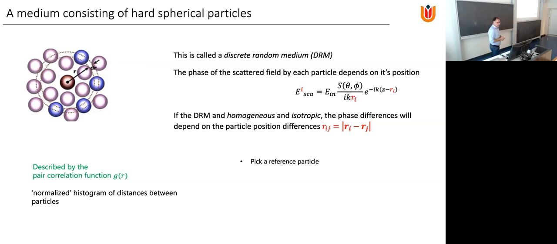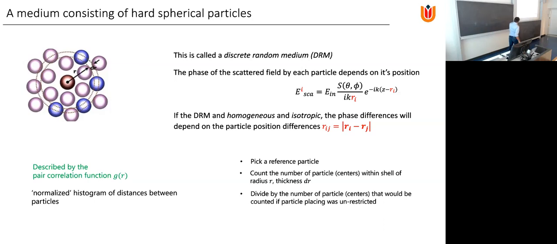I will pick a reference particle, for example, the particle in the center highlighted there, and I would simply count the number of particles that I would find within a shell of radius r and thickness dr away from that center particle. Count the number of particles. I would repeat that for different r's, and then I would make a histogram of these number of particles.